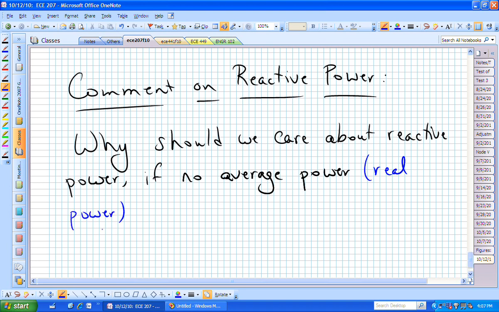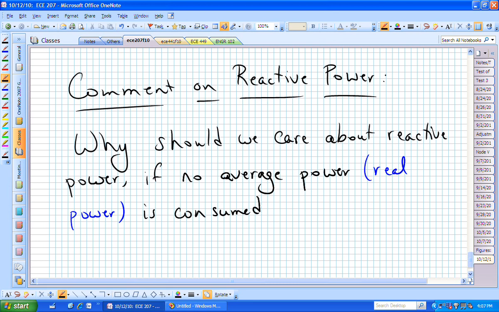That's the average power. But now if you had just an inductor sitting in your house, and that was it, you would just be storing energy in that magnetic field and throwing it back. Storing it, throwing it back. Storing it, throwing it back at 60 hertz. That may not seem like it's doing anything for you, and it's not really.